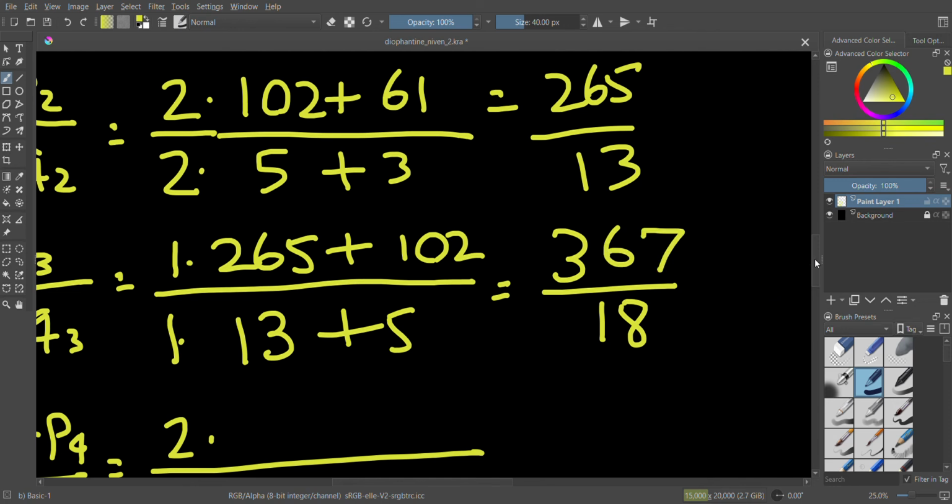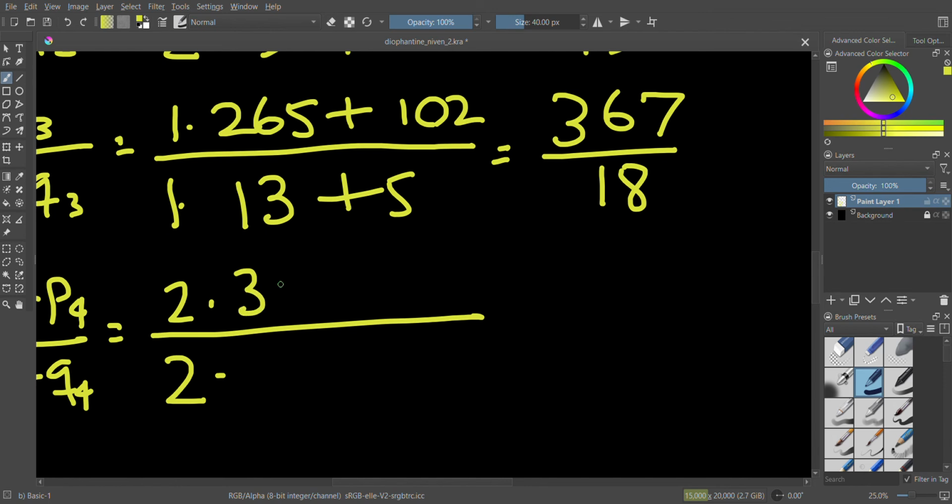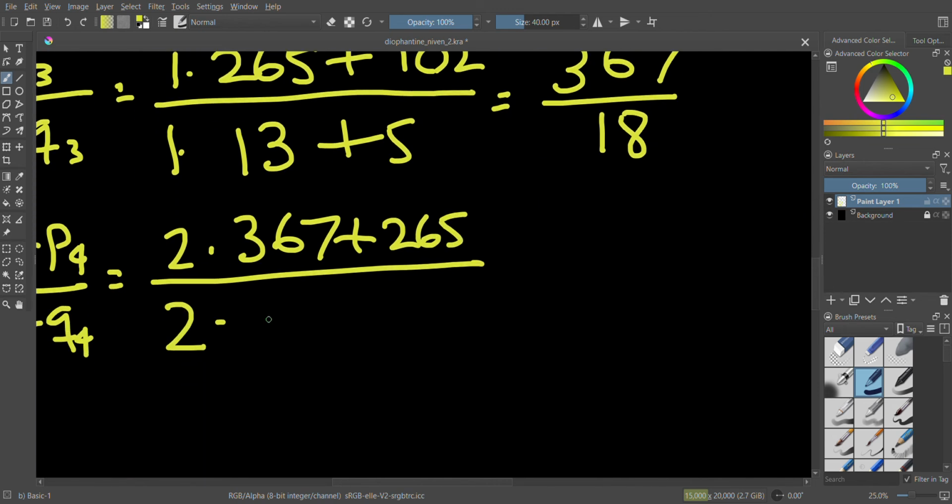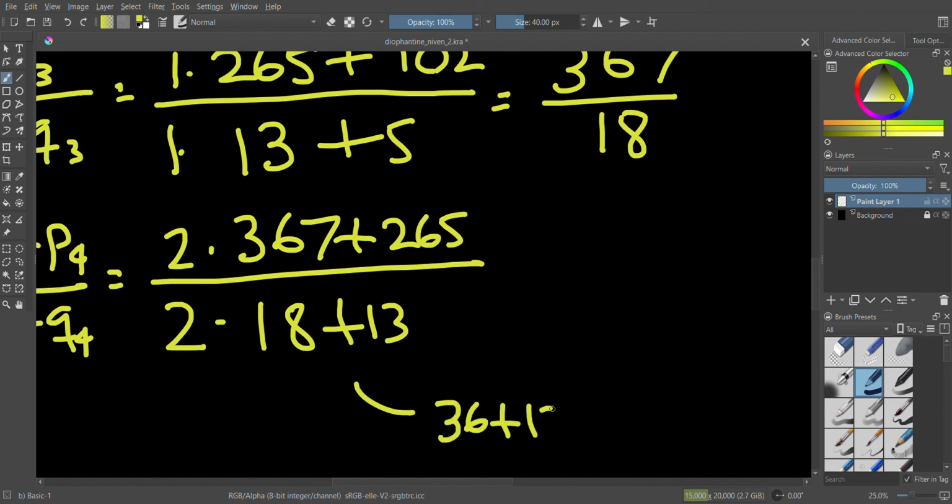And then my final step is 367 plus 265 and then 18 and 13. Now this is 36 plus 13, which is 49. Sure enough, that's what we wanted. And then this is a bigger calculation.